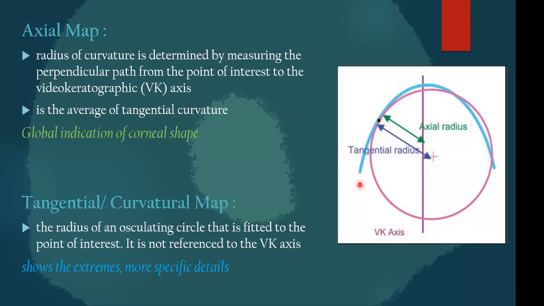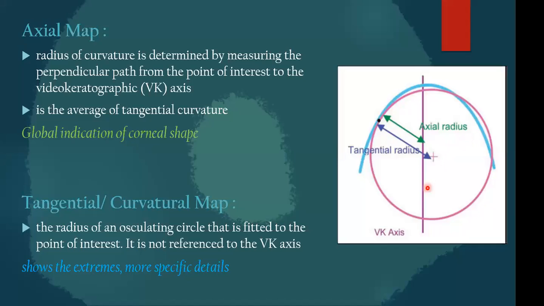Whereas the tangential or the curvatural map is the radius of an oscillating circle that is fitted to the point of interest. So this is not in reference to the video keratographic axis. So this is the tangential radius, and the center of this circle from where the tangential radius is calculated is going to be different for every point on the cornea.